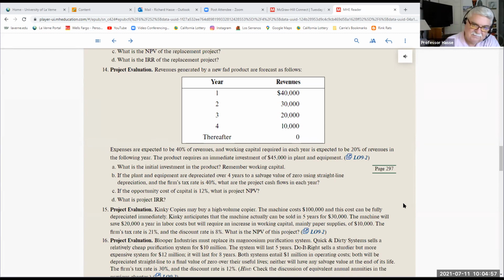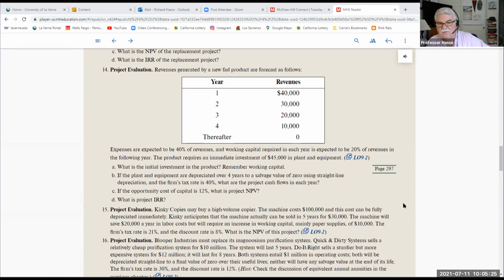That's its depreciable life. It's going to generate $40,000 in year 1 in revenues, then 30, 20, and 10. Expenses are going to be 40% of those revenues. Working capital required in each year is expected to be 20% of the revenues. And it requires an investment of $45,000 in plant and equipment.